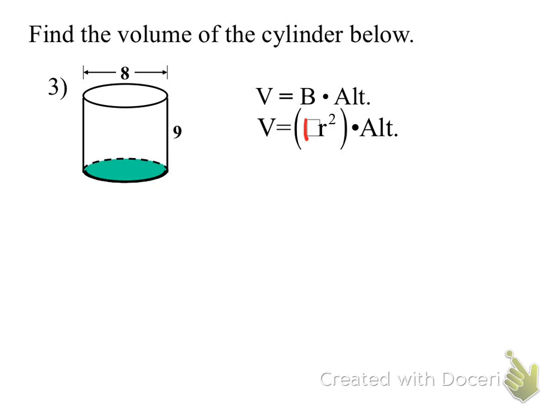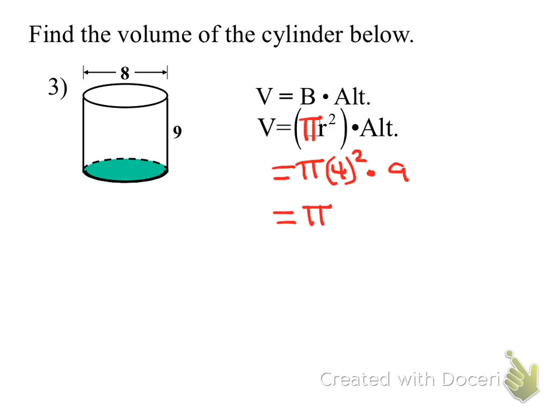So it's pi r squared. What number am I substituting in for r? 4. I have to take half of the diameter. So it equals pi times 4 squared times the altitude of the object, which is 9.